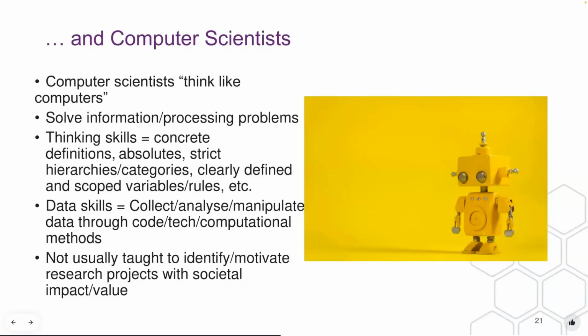And in terms of data skills, computer scientists collect, analyze, and manipulate data often through programming scripts and computational methods and technological tools. But unlike social scientists, they're not usually taught to identify or motivate research projects on the basis of societal impact or value.